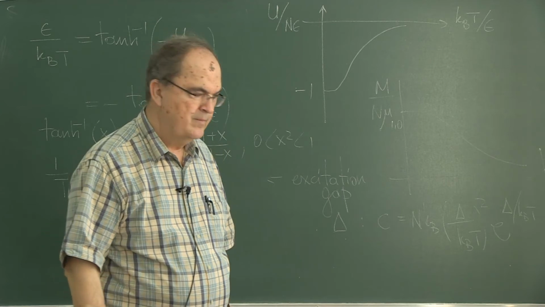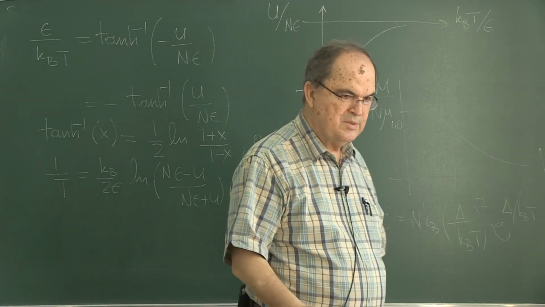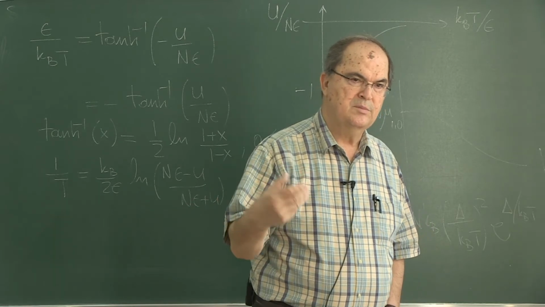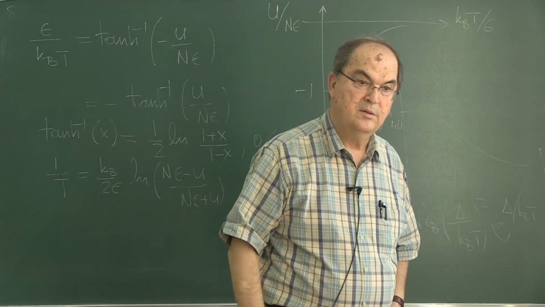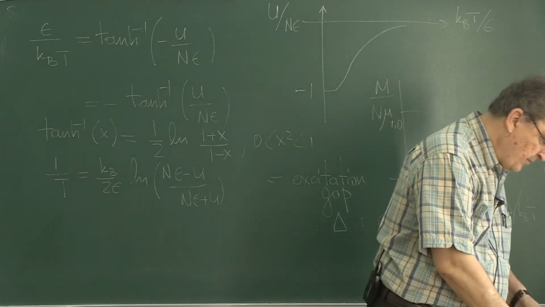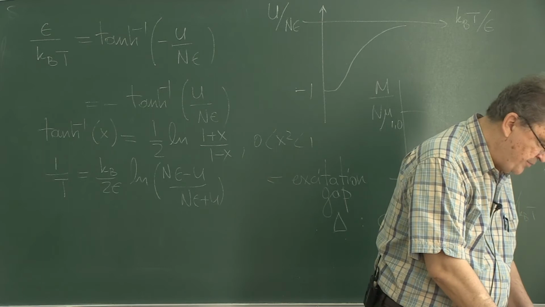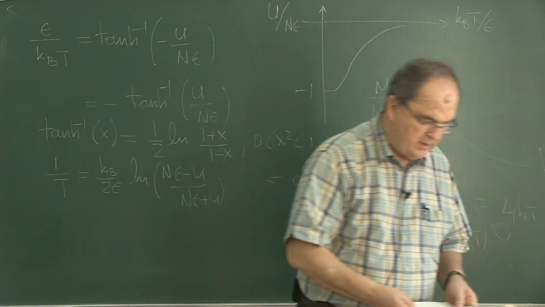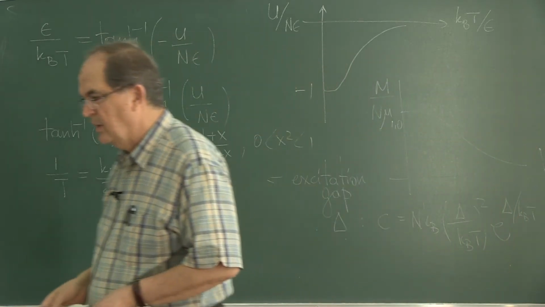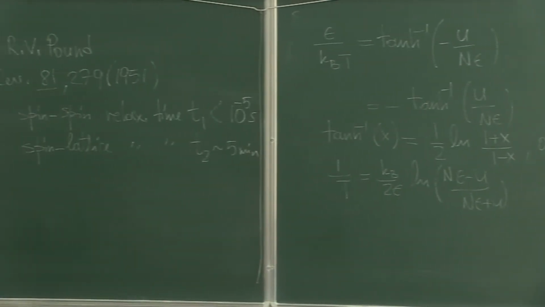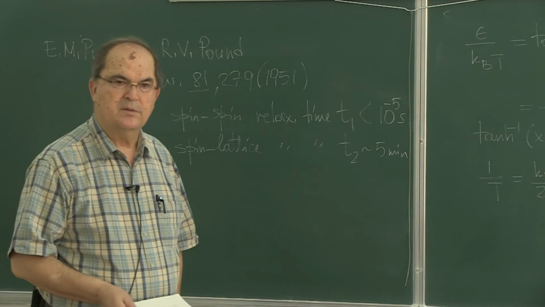Okay? So this is in some sense the most general case, isn't it? In this case, I got for you the probabilities of finding the system in a specific energy state with a specific number of particles.